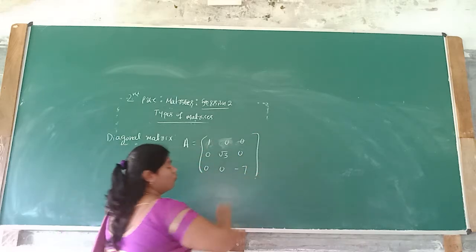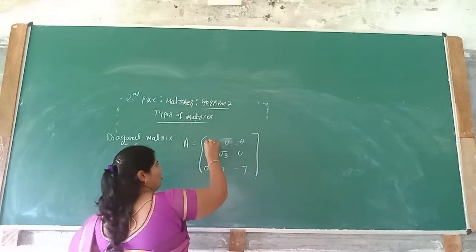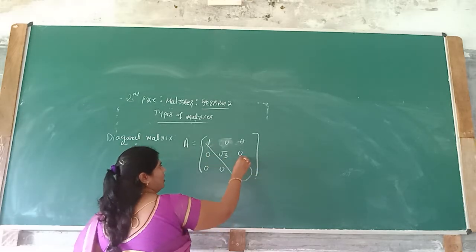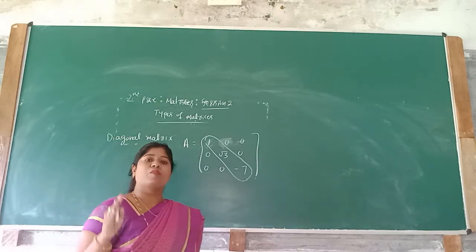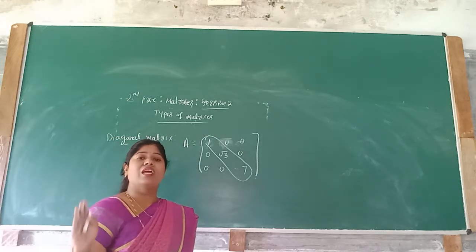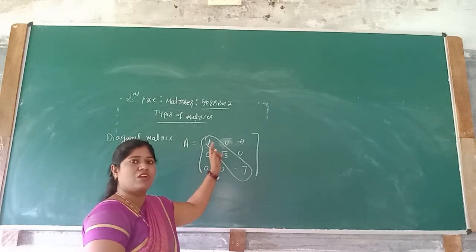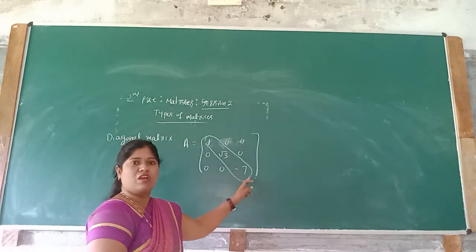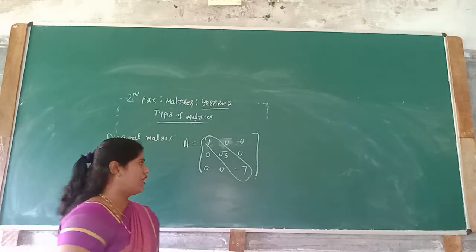Which are the diagonal elements here? The diagonal elements are 1, root 3, minus 7. These are the diagonal elements, or principal diagonal, or leading diagonal. The elements from the left top corner to the right bottom corner are called the principal diagonal or leading diagonal.